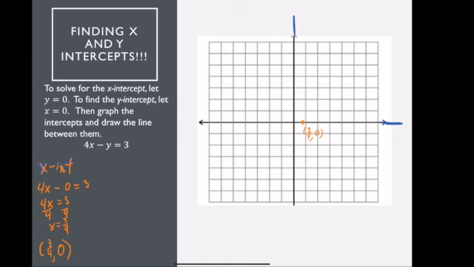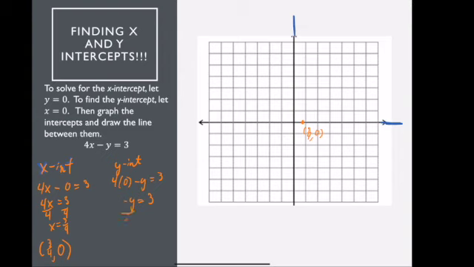Now I need to find my y-intercept. So that means I'm going to substitute in 0 for x. So now I have 4 times 0 minus y is 3. 4 times 0 cancels out. That means I have negative y equals 3. But I'm not done yet because I want the coefficient on y to be a positive 1, not a negative 1.